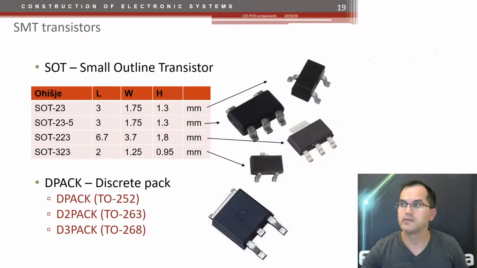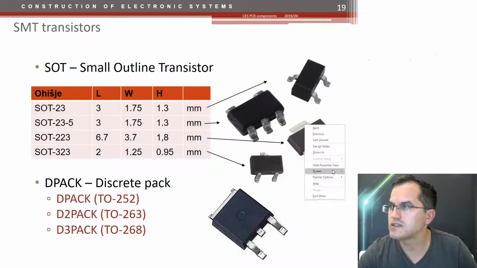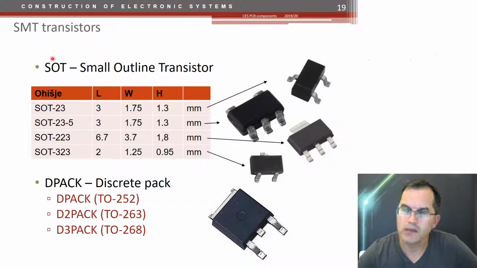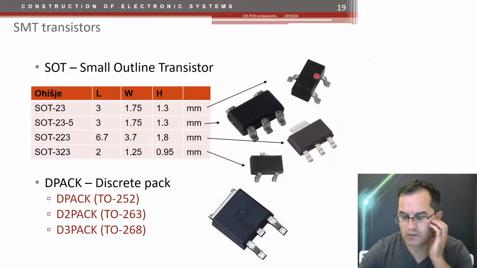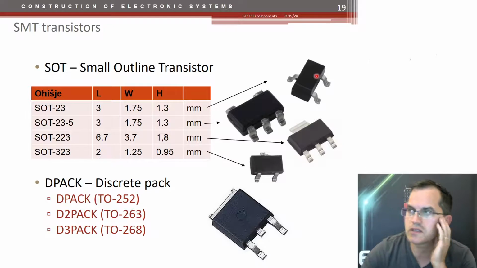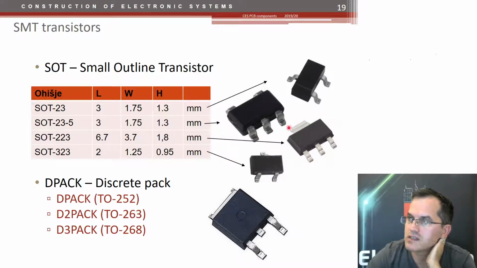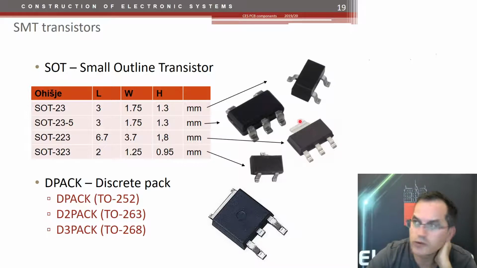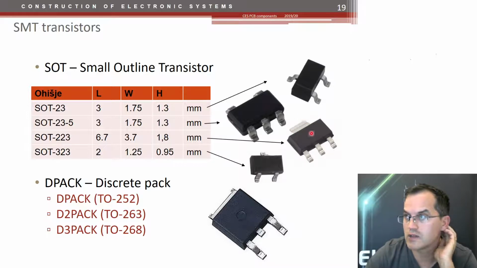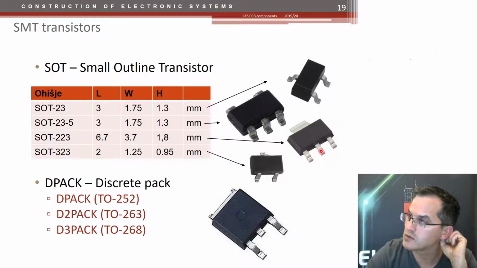What about transistors? Well, small outline transistors are mainly, I would say, for low current, low power, but there are some small outline transistor cases that also have a fourth terminal for cooling. Usually that one is connected to the middle pin here, and it's collector or drain, and it's intended for cooling on the PCB.